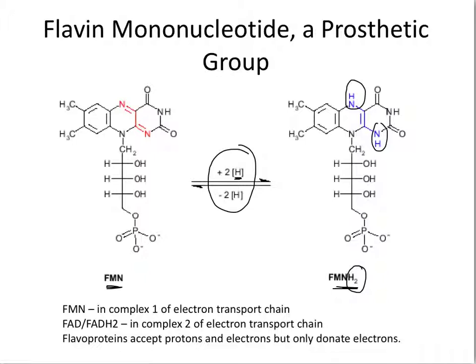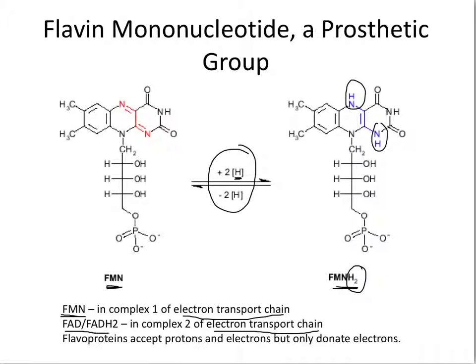So what we see is in the electron transport chain, which we're leading up to discussing, we see protein complexes, and in complex 1 of the electron transport chain, which is what receives NADH during aerobic or anaerobic respiration, FMN is associated with flavoprotein in that complex.